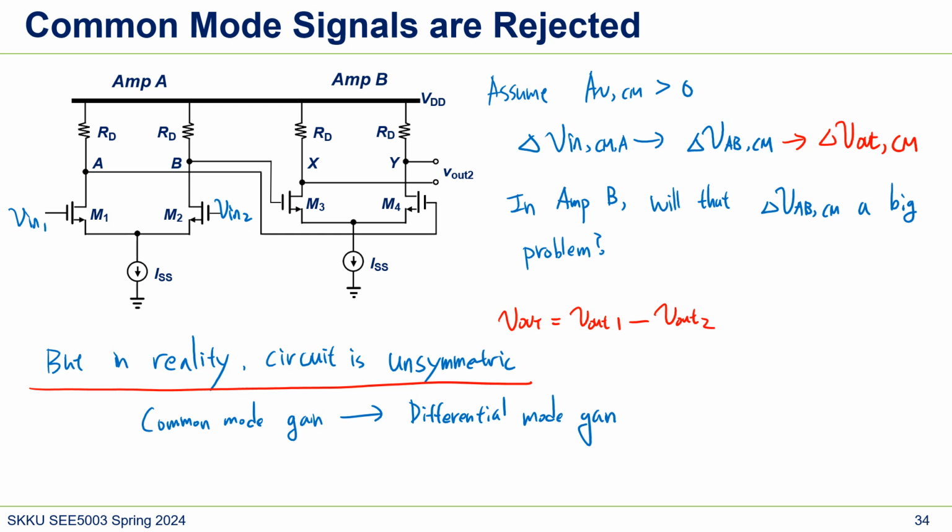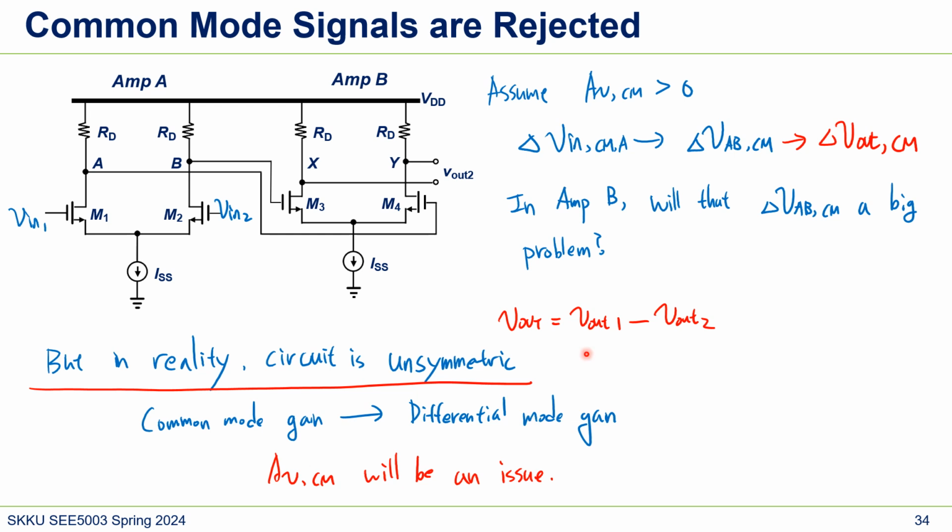Now, if this is the case, then common mode gain will be a problem. So in this case, AVCM will be an issue. With the asymmetry, which is the case in a real circuit, this common mode gain will be a problem, because the common mode gain will convert to differential mode gain.